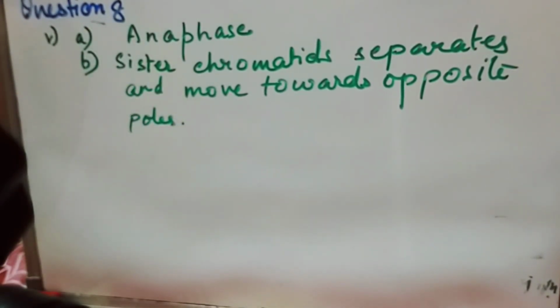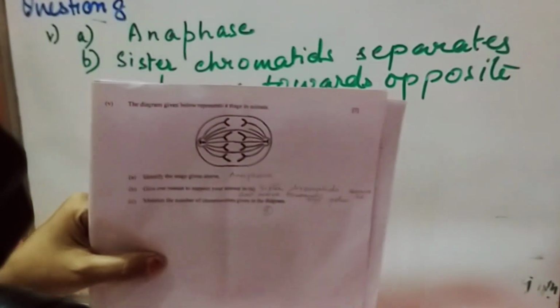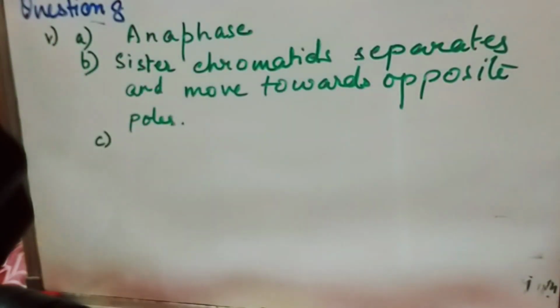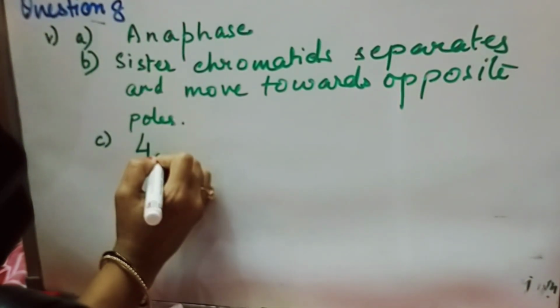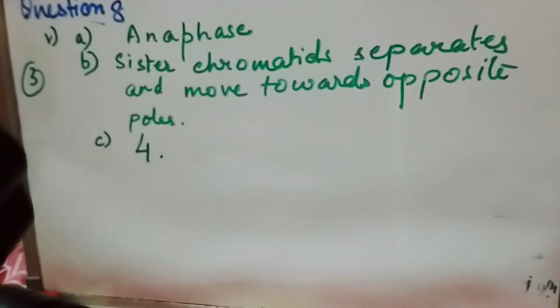Next, mention the number of chromosomes given in the diagram. So you can see there are 4 chromosomes. I am showing you the diagram once again. So it's 1, 2, 3, 4. The answer will be 4. Comprises 3 marks, 1, 1, 1. So this was question number 8.